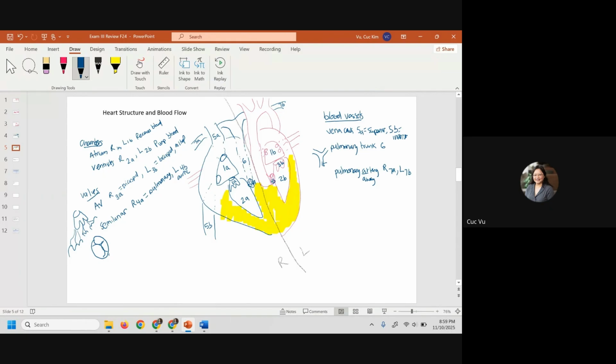Because of that, we cannot say that the definition of an artery is that it carries oxygenated blood, just because of this one. So the only definition we can say about arteries is that they will always carry blood away from the heart.